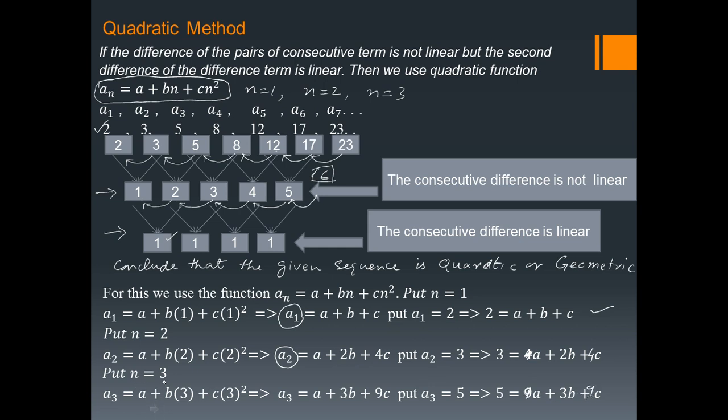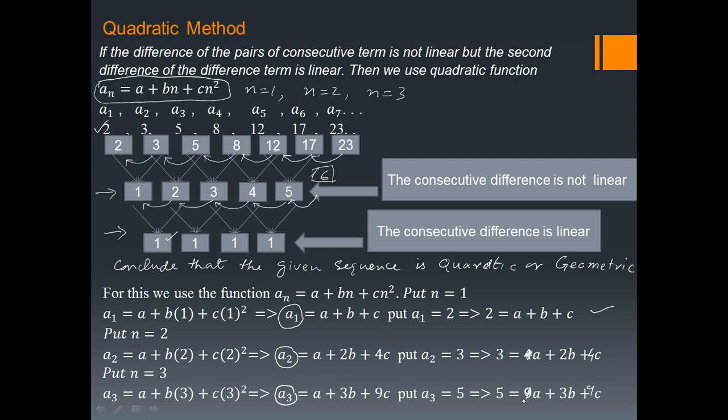And then over here, if we put n is equal to 3, we are getting a3 is equal to a plus b multiply 3 plus c multiply 3 square, and we are getting a3 is equal to a plus 3b plus 9c. What is the value of a3? 5.